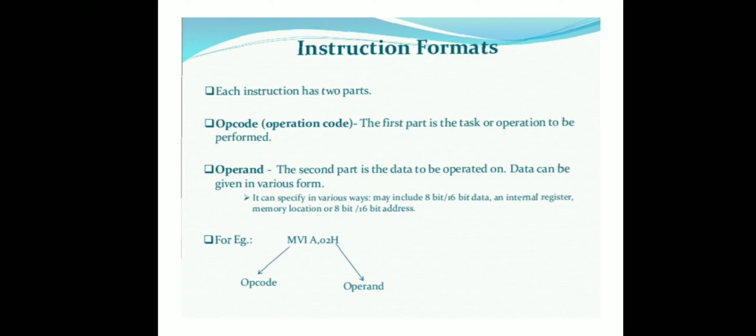In this instruction, the first part MVI, move immediate, is the opcode, which shows the operation which will be performed, and 02 is the operand on which this instruction is performed. It means that after execution of this instruction, the 02 data is moved to the accumulator register.